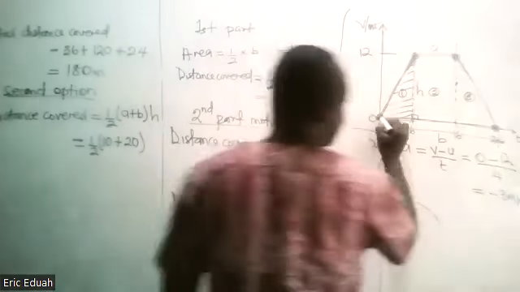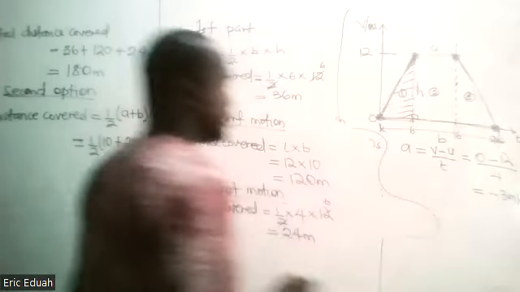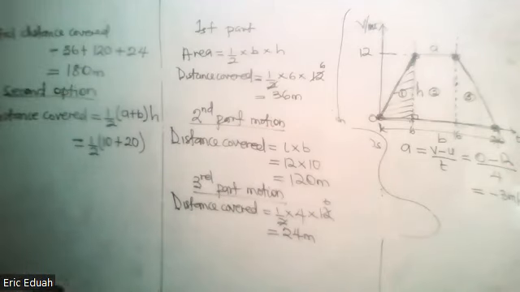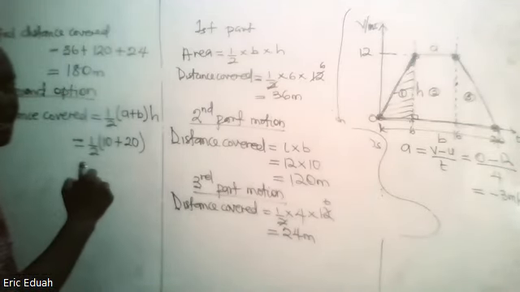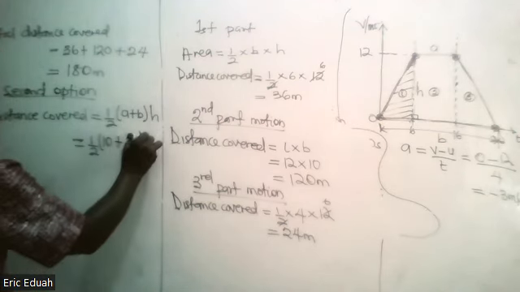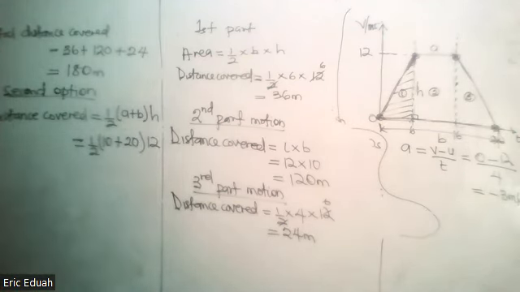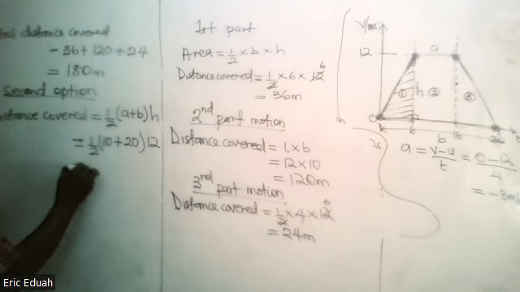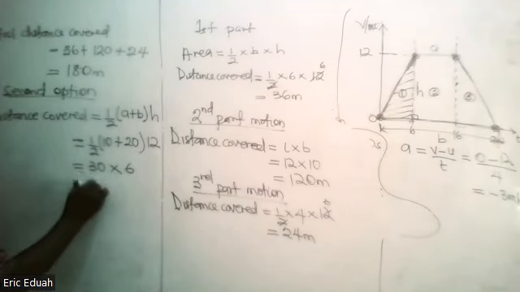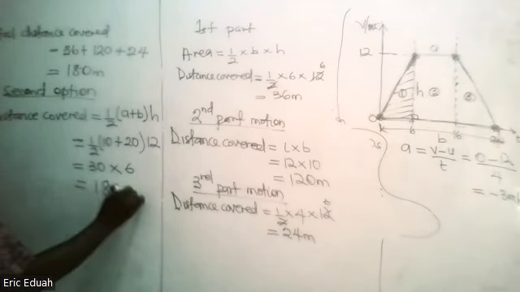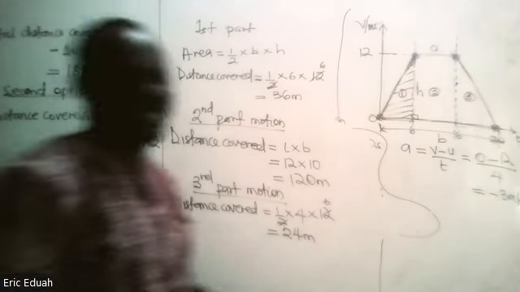The whole length from start to 20. What's the height? H is 12. So we have half of 30 by 6, and it's 180.